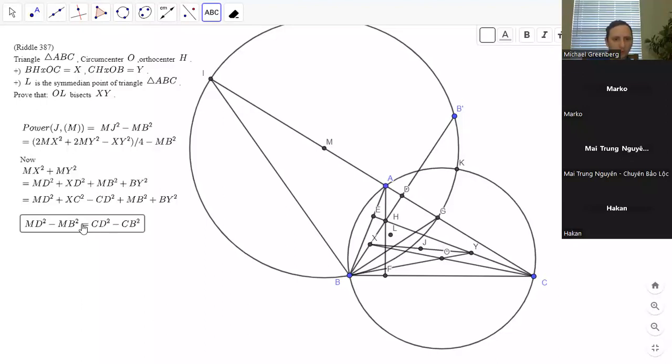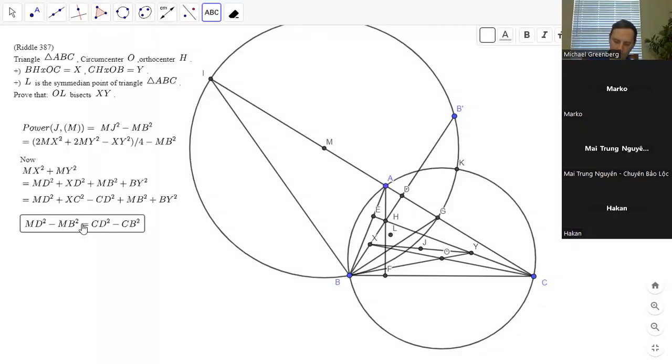2MB squared minus BC squared plus XC squared plus BY squared. We'd have that, and then we'd have twice it. So we'd have 4MB squared minus 2BC squared plus 2XC squared plus 2BY squared, over 4, and then minus MB squared.